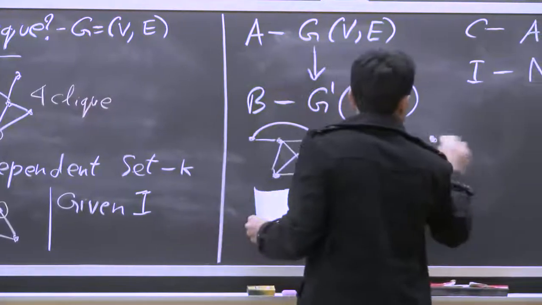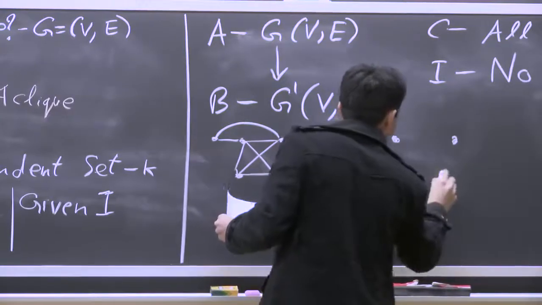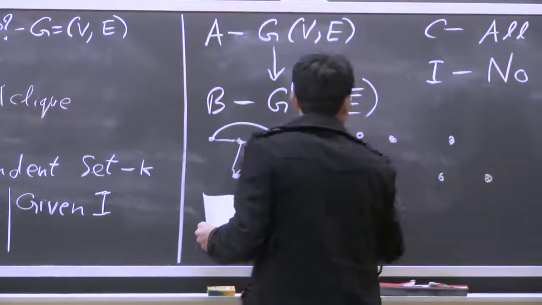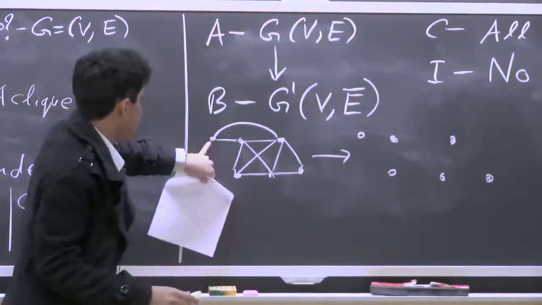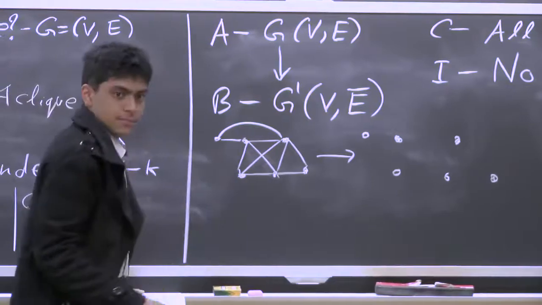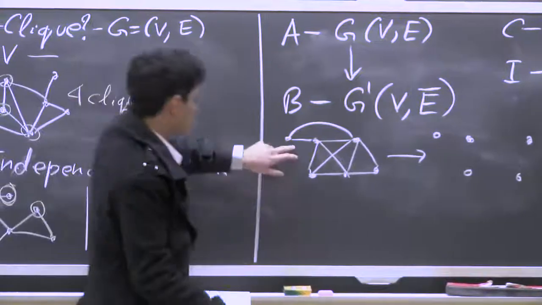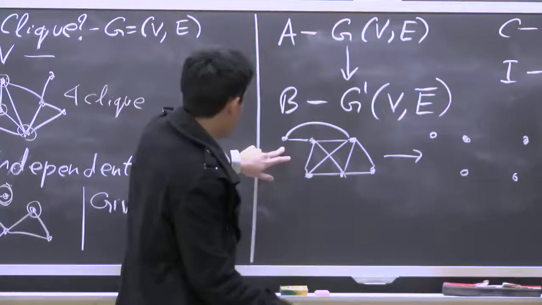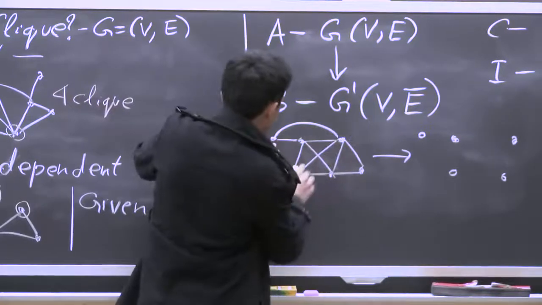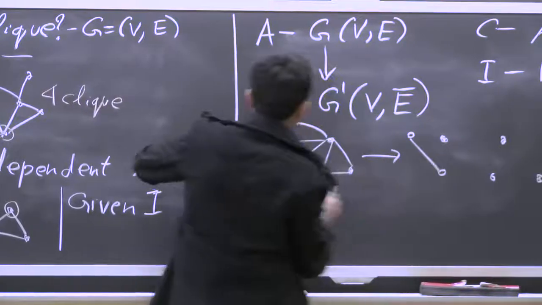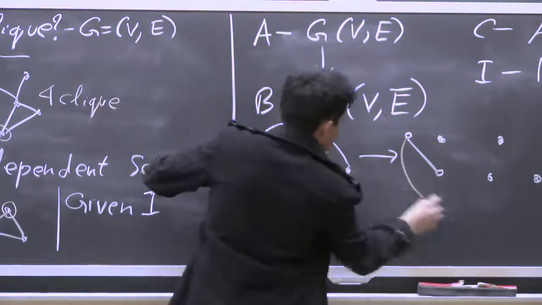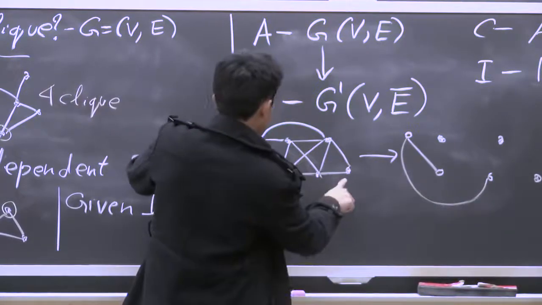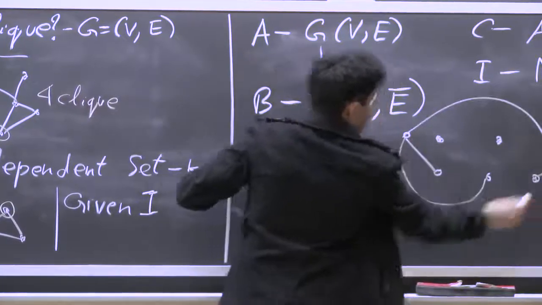Let's draw the vertices first. Okay, let's go one by one. Let's take this vertex, and what edges does it have? It goes here, it goes here, it doesn't go here. So we draw an edge here. It doesn't go there, we draw another edge there. And it doesn't go there, so we draw another edge there.